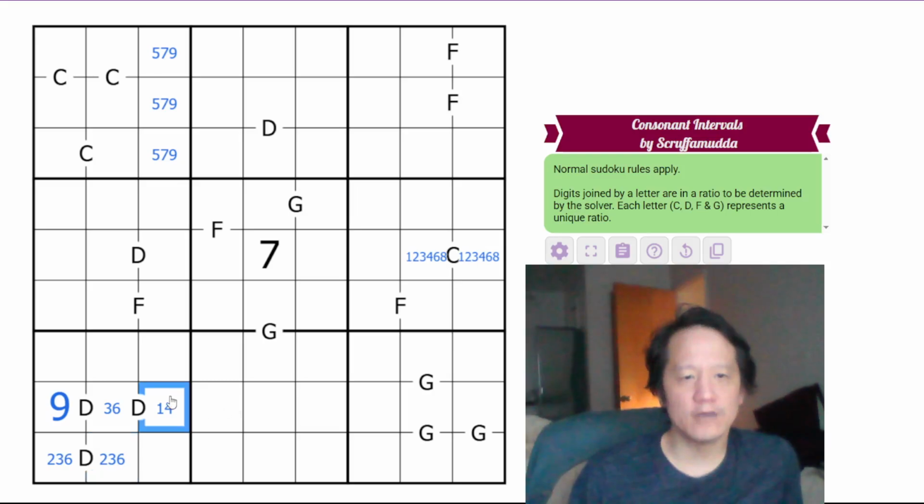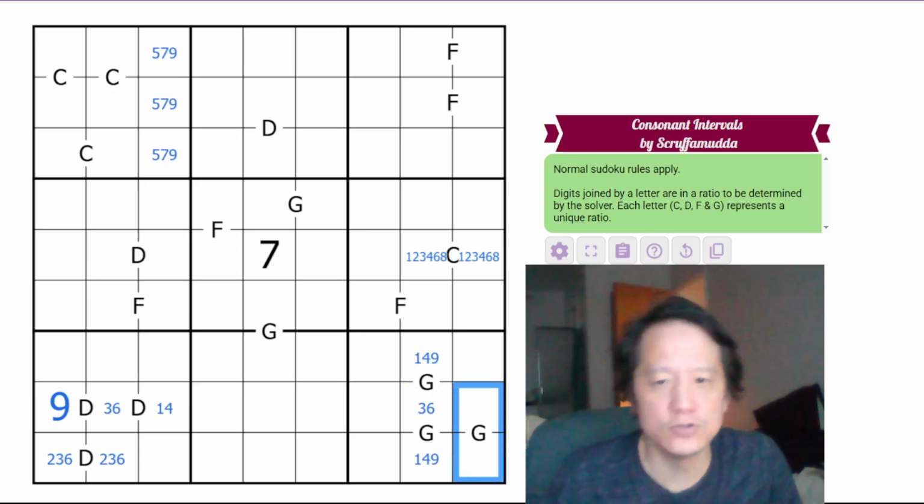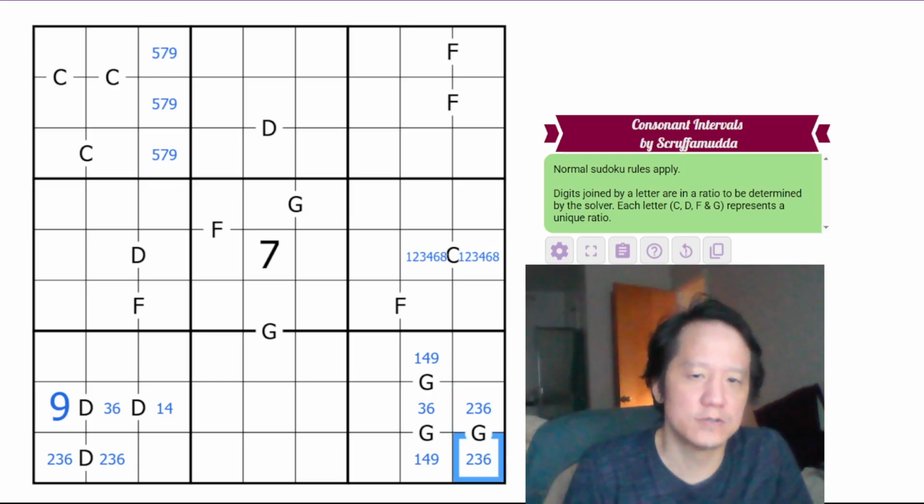We now have in the box, so this is similar then. This is 9, 3, 1, or 9, 6, 4. And this is 2 with 3 or 6 here.